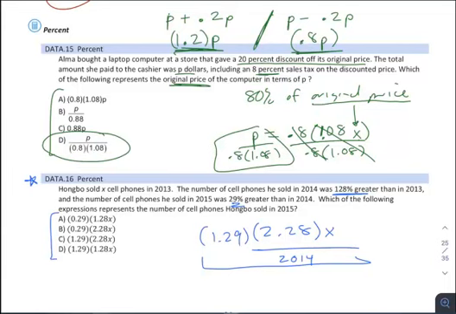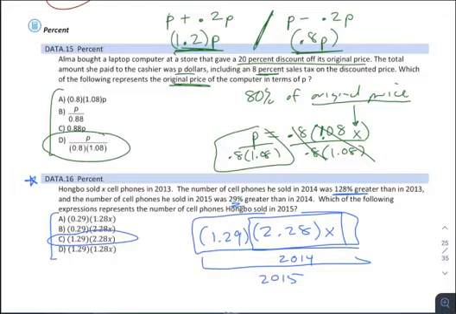Again, if we add it, or combine it in the decimal form, we get 1.29 times whatever it was in 2014, which was this whole value. And so that means that in 2015, the calculation is option C. So working with remaining percentages, or working with the decimal forms combined, is sort of the key to that.